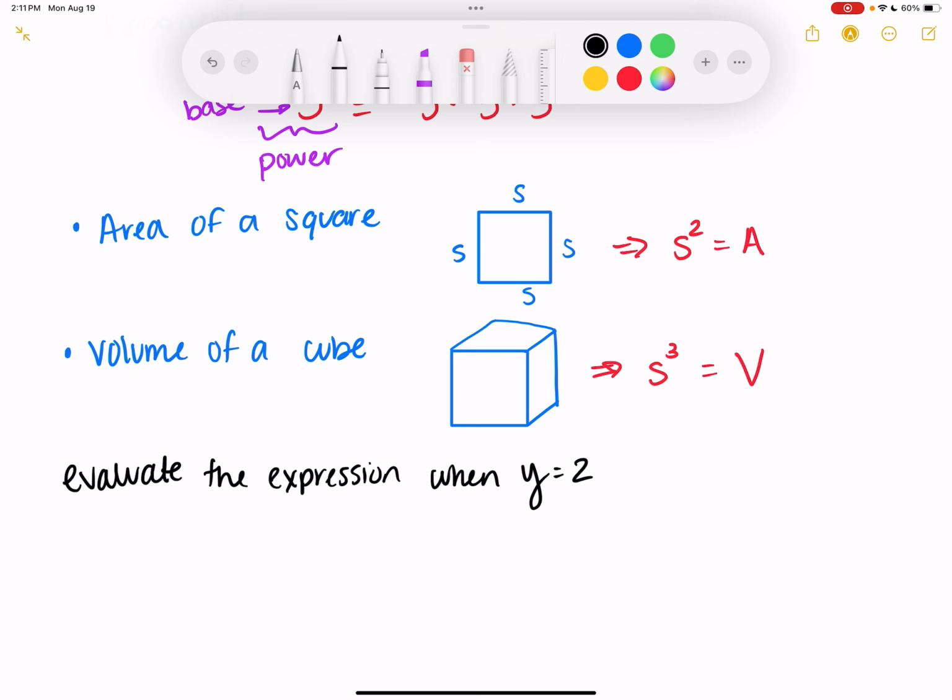That means I'm going to plug in 2 for y anywhere I have that. And I always use parentheses when I'm plugging something in for a variable. That way if there's a negative sign or something, it doesn't get confusing.